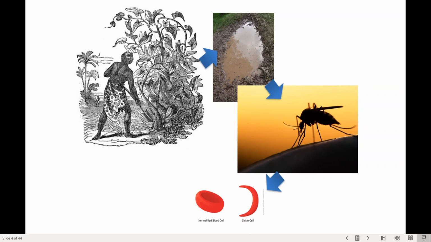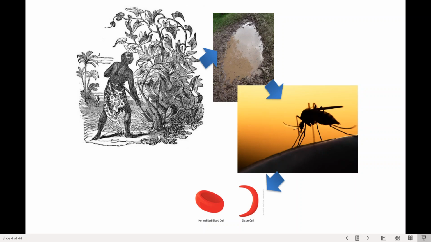Because what happens is that individuals who have at least one of these recessive alleles, so a reduced capacity to carry oxygen through the body, have a higher chance to be less severely affected by malaria.